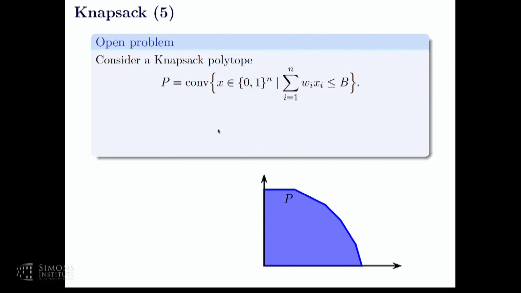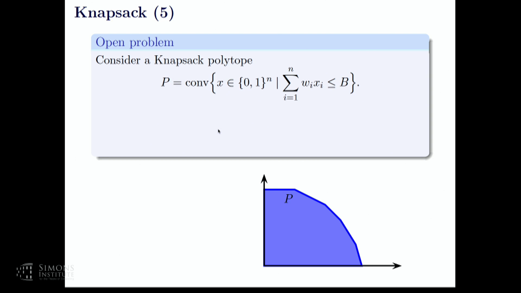By the way, there's a nice open problem here, which is the following. I mentioned that there is an FPTAS for knapsack. So is there also some type of FPTAS in terms of extended formulations? What would that mean? Well, let's look at the knapsack polytope. This is the convex hull of all the solutions to your knapsack problem.